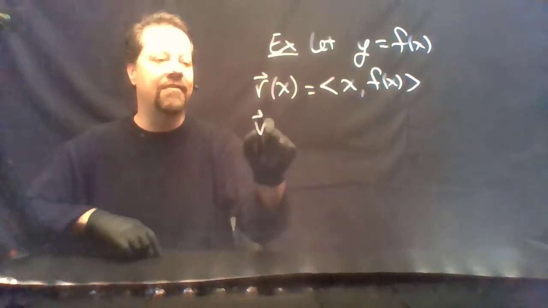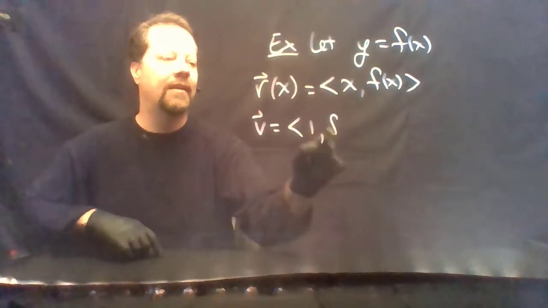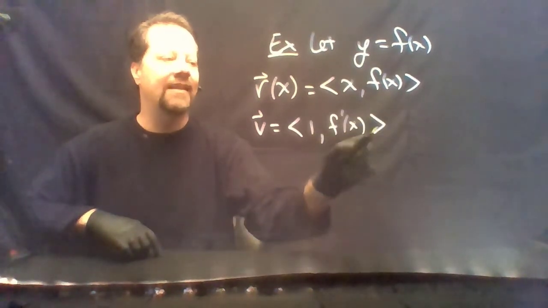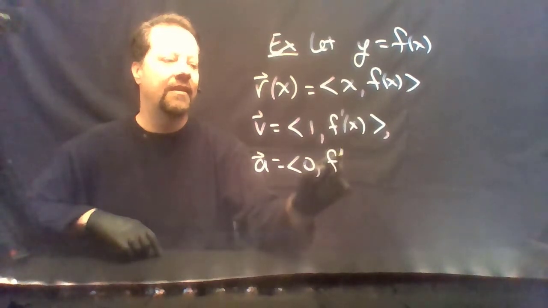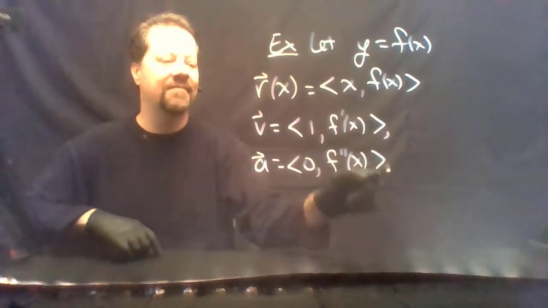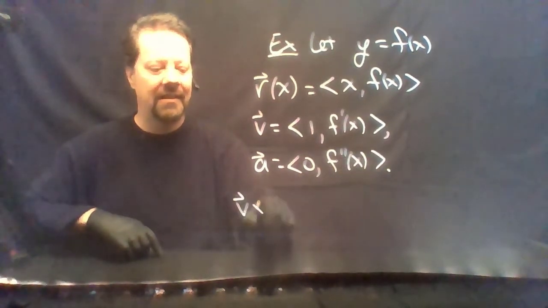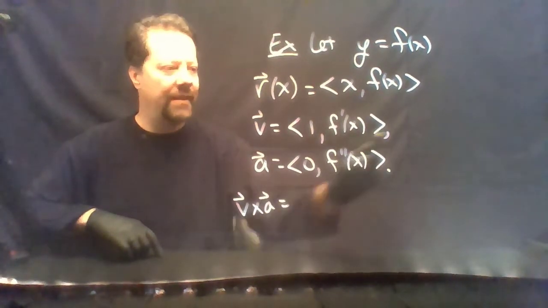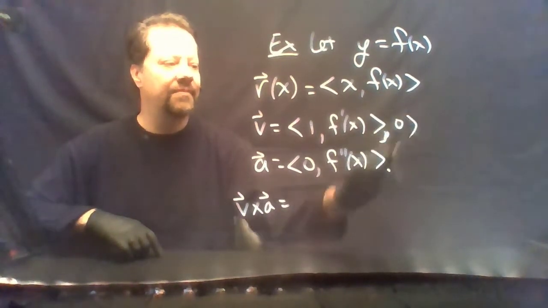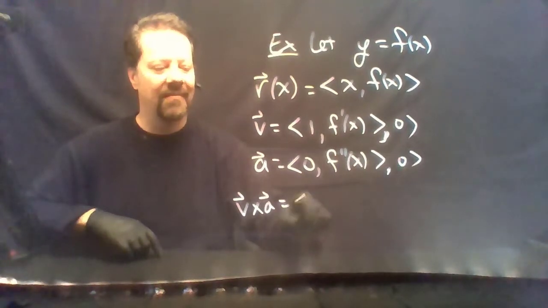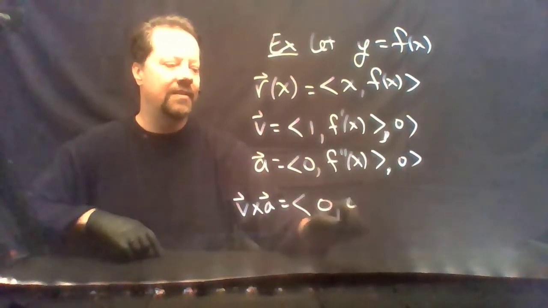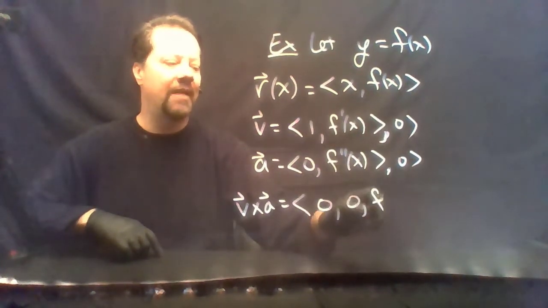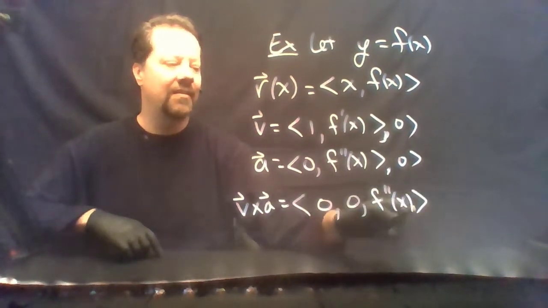And that gives us a velocity vector, 1, f prime of x, and the acceleration is 0, f double prime of x. The cross product then, if we extend this by adding a 0, will be 0, 0, and then f double prime of x.